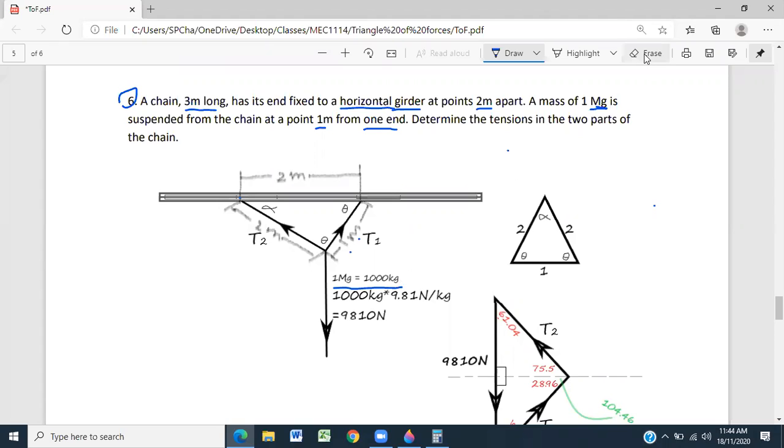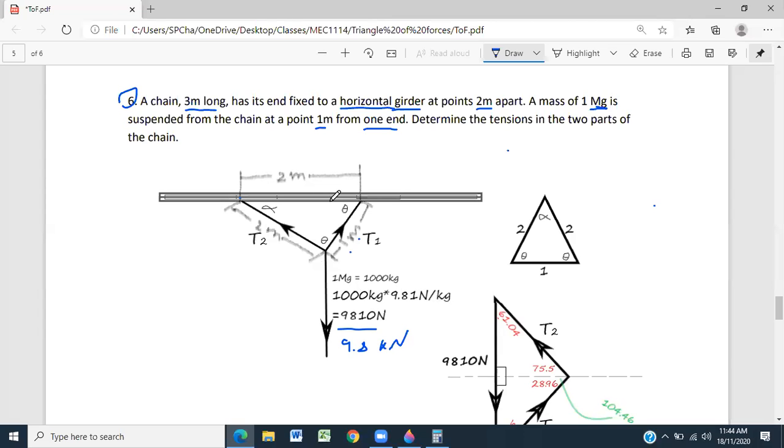Just remember that for when these megas pop up. Therefore, the weight of this mass is 1,000 kgs times 9.81, which gives 9,810 newtons, or 9.8 kilonewtons.